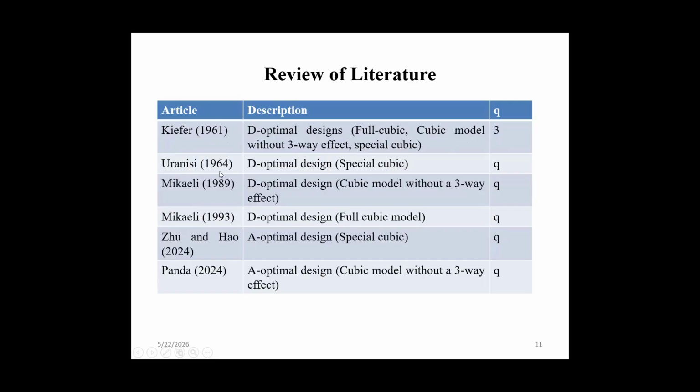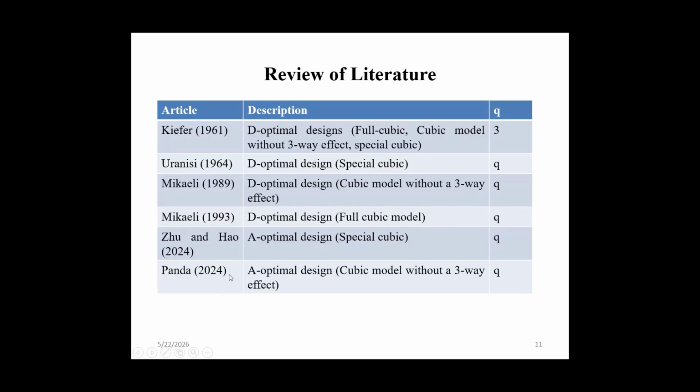Then Uranisi in 1964 obtained D-optimal design for the special cubic model for general q-component mixtures. Mikaeili in 1989 obtained D-optimal design for the cubic model without three-way effect, again for general q. And Mikaeili in 1993 obtained the D-optimal design for the full cubic model with q components. Recently, Zhu and Hao in 2024 obtained A-optimal designs for the special cubic model for q-component mixtures.